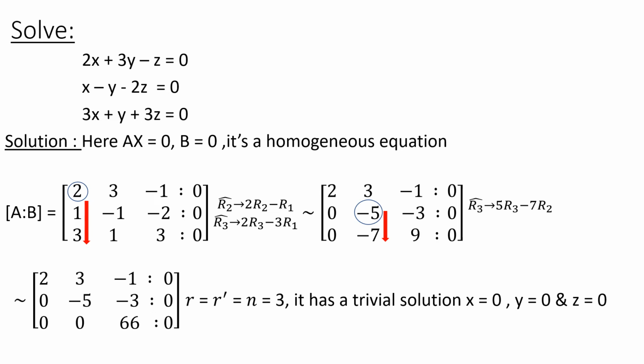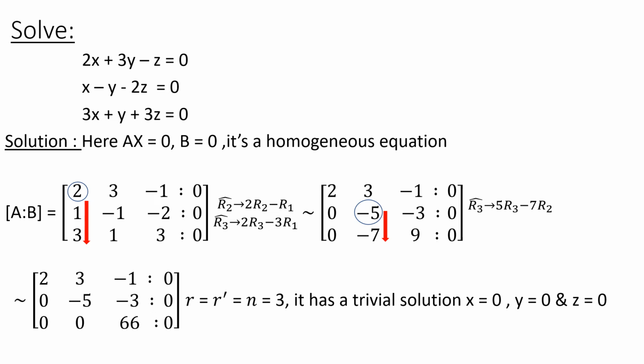So we take the transformation. New row 2 is 2 row 2 minus row 1 and new row 3 is 2 row 3 minus 3 row 1. So you will get the second row as 0, minus 5, minus 3, 0. Third row as 0, minus 7, 9, 0. Now after the first step, move to the next diagonal and that is minus 5.